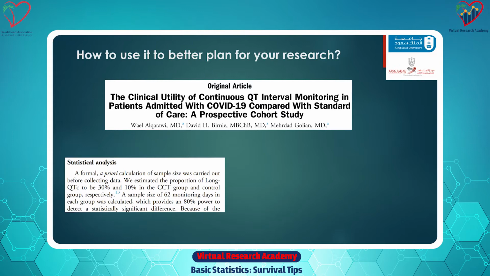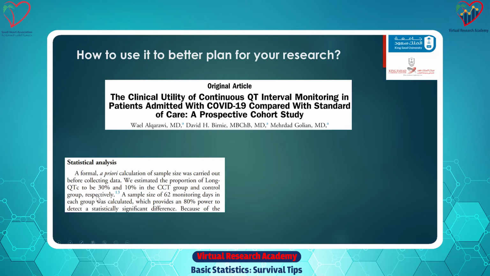You'll remember that we said determinants of statistical significance are sample size and effect size. So if you're calculating sample size, you really only need to estimate the effect size, which in this case is the difference in proportion. So you need to read the literature and see what you expect to find when it comes to prolonged QT using the continuous QT technology versus the standard of care.